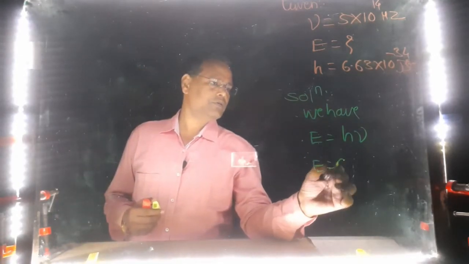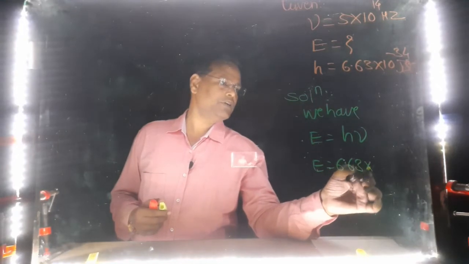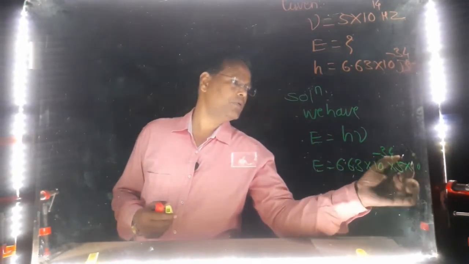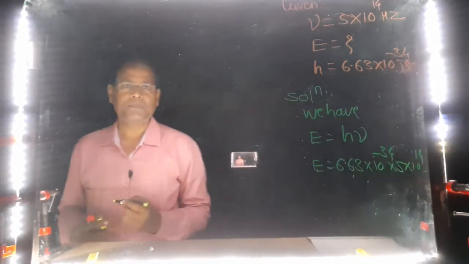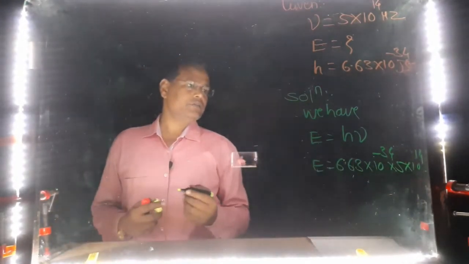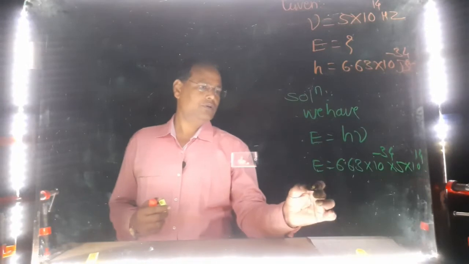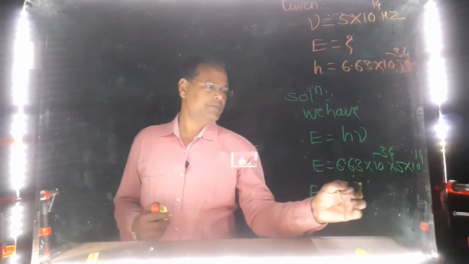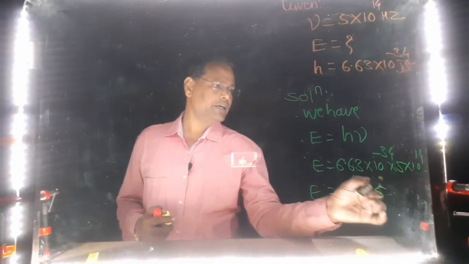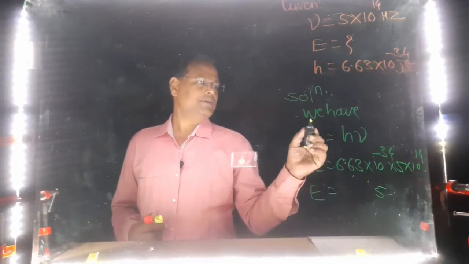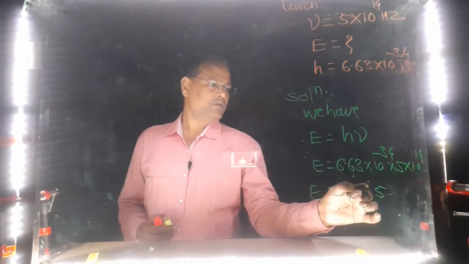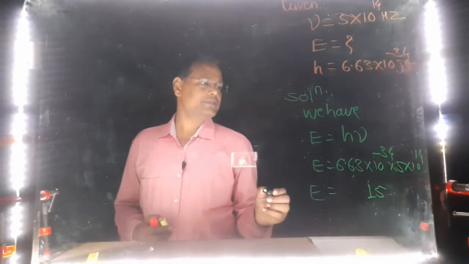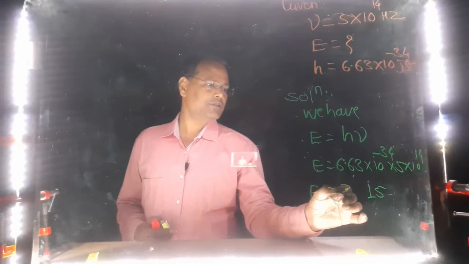Capital E is equal to h, 6.63 × 10^-34, into 5 × 10^14. Multiply 6.63 by 5. 5 into 3 is 15, carry 1; 5 into 6 is 30, plus 1, 31, carry 3; 5 into 6 is 30, plus 3, 33.